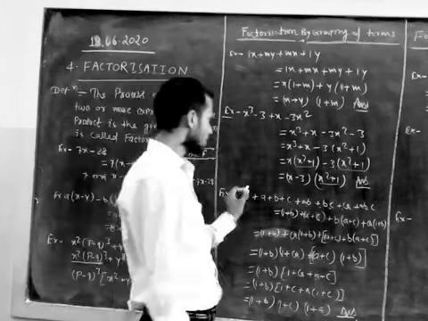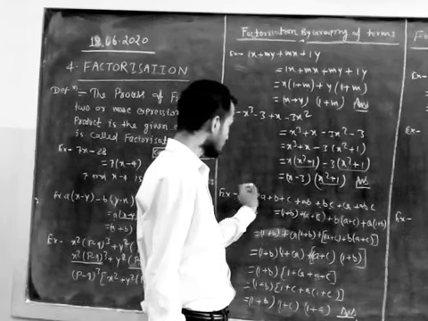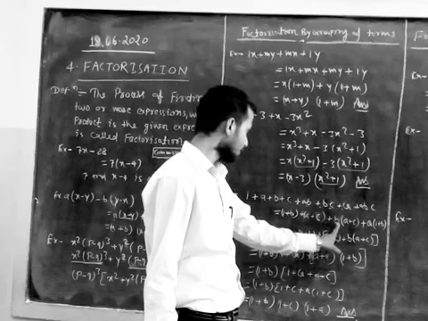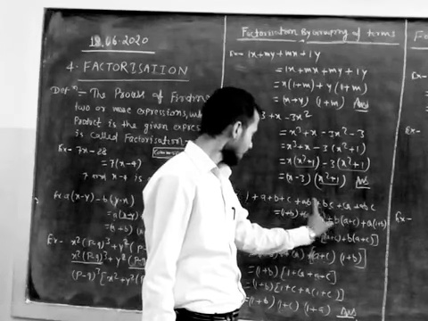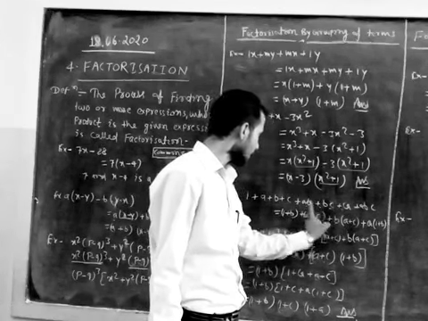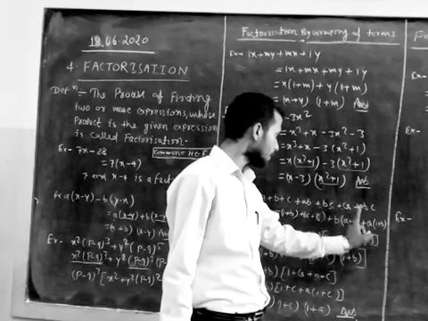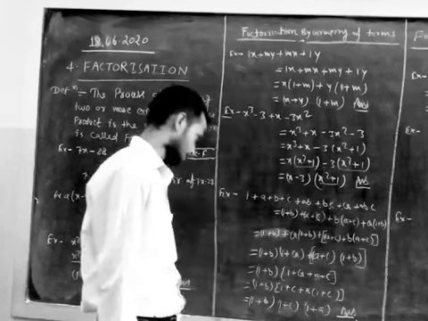Next, 1 plus a plus b plus c plus ab plus bc plus ca plus abc. First of all, this arrangement: 1 plus b and a plus c, again plus b and a plus c, b common and (a plus c), and again ca common and (1 plus b).